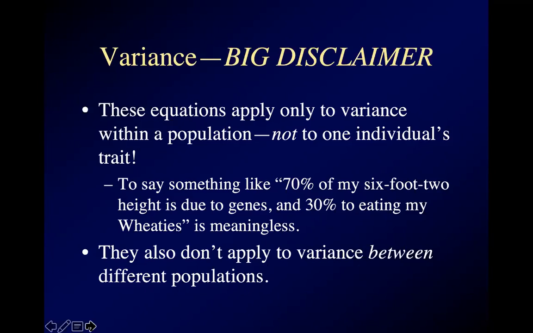We know that genes have a lot to do with the development of your nose. Your nose development is under genetic control when you are an embryo, when you're roughly the size of a bean. So we know your nose is genetically controlled, but the number of noses has no variance at all.